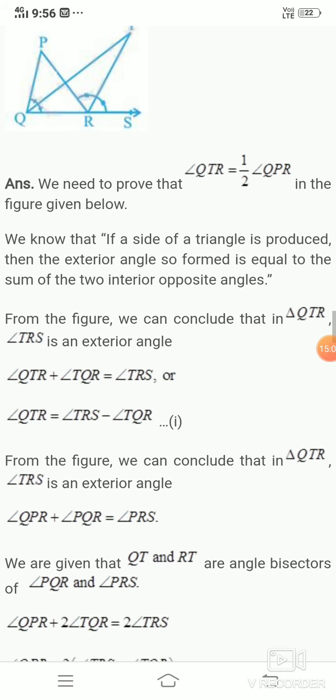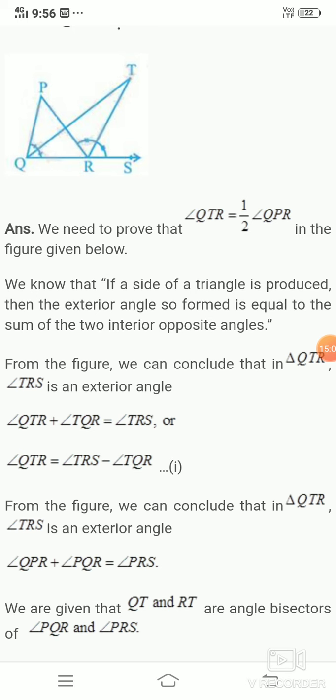So the next is given directly: at R, QPR plus PQR equals PRS, that exterior angle. So PRS, the exterior angle, equals QPR plus PQR, right?